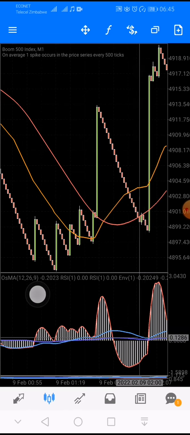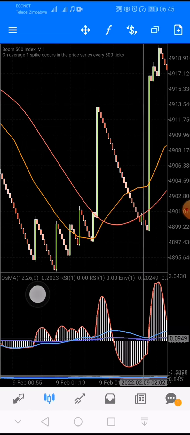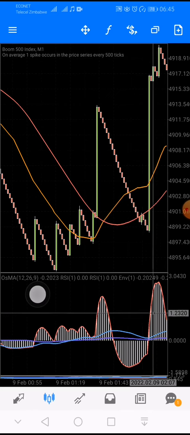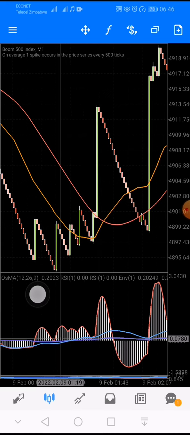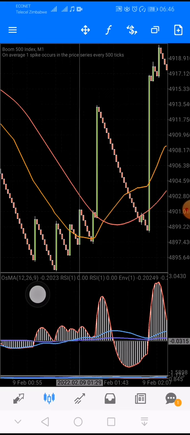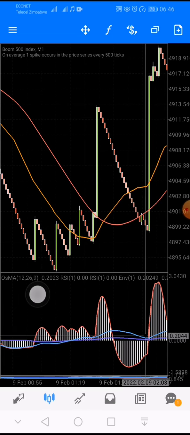You can see that blue is crossing purple going down. So this was a sniper reversal signal. You can see the difference here. Blue is crossing purple going up, and here is crossing purple going down, and this is the reversal signal.